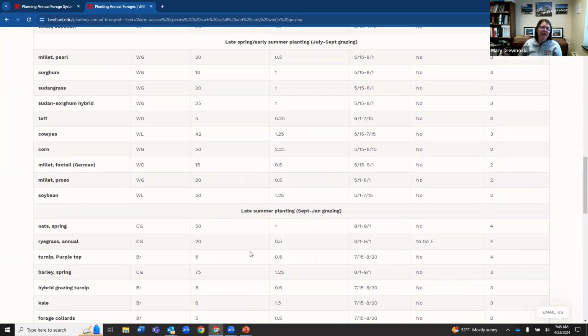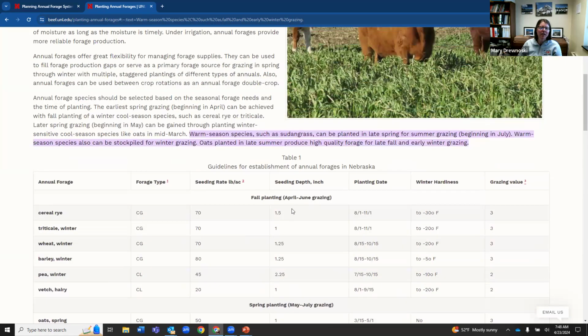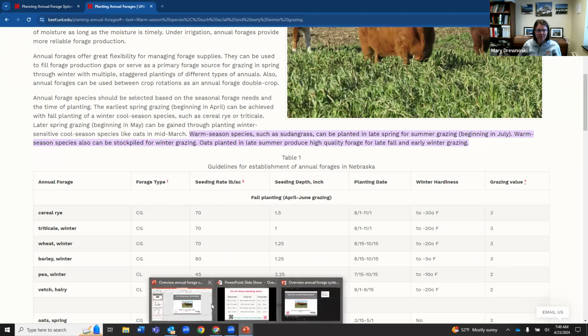And then it also gives you suggestions for seeding rates, seeding depth, of course, the planting date, and then it gives you a grazing value. And this grazing value is a combination of yield potential, nutritive value, and palatability. So if you're looking for more information about what to plant and when, this guide can be quite useful for that.